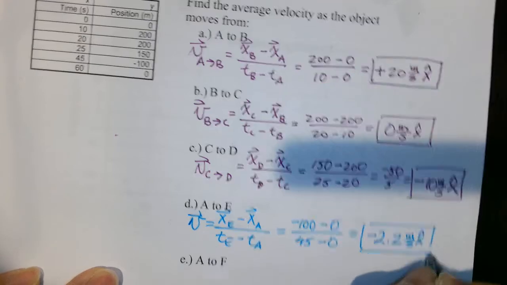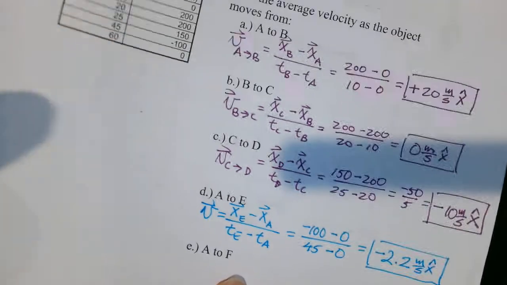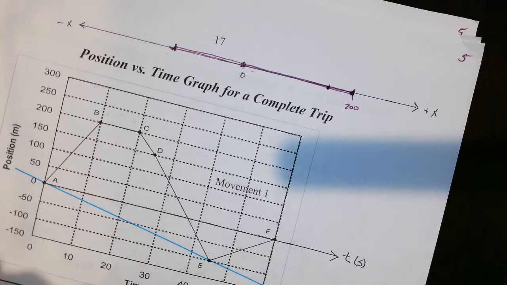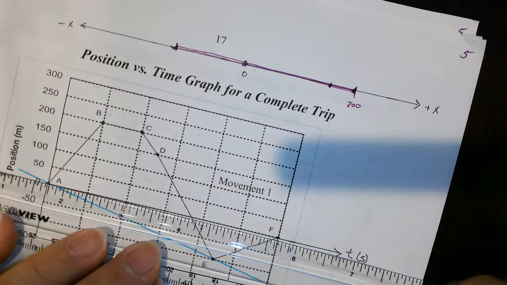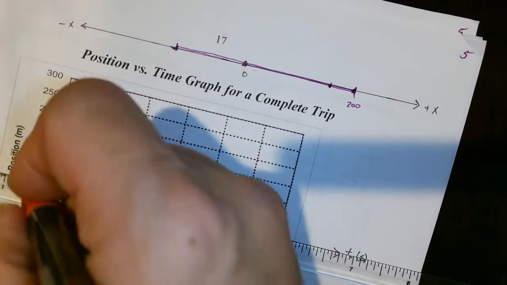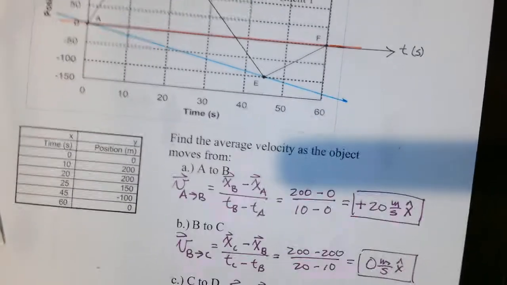So you just stick with the rule, and it doesn't make it hard. It's very easy. Okay? And then A to F. Well, A to F is simply from position A to position F, and all I have to do is find the slope of that, and that looks pretty easy because that slope looks like 0.